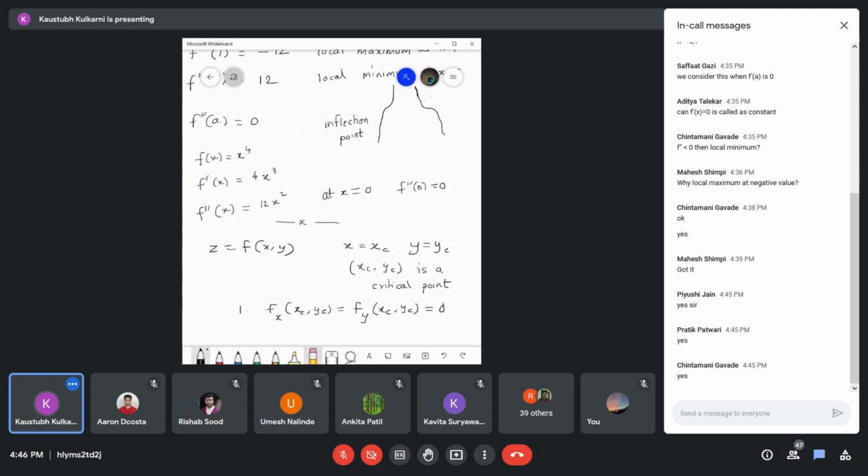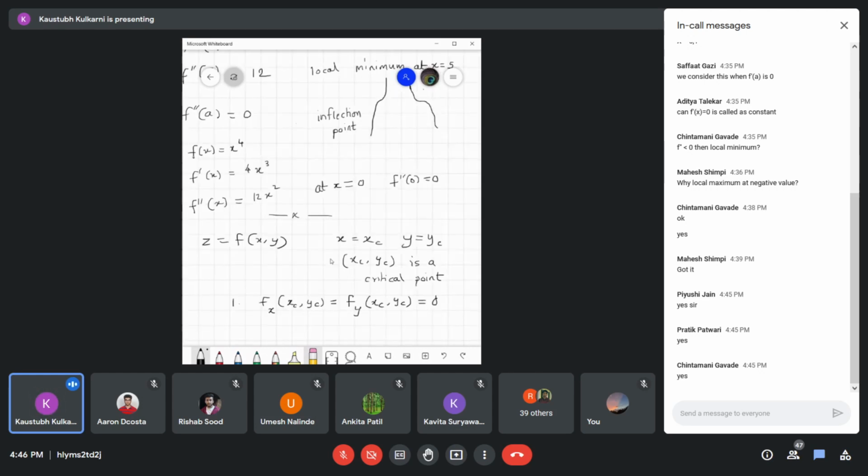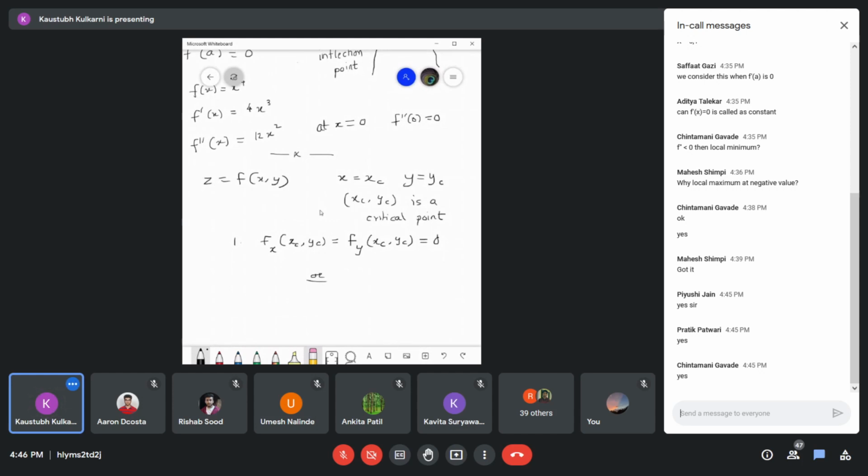Both cannot hold; either this condition holds, or the first partial derivative of f with respect to x at the point xc comma yc does not exist, or fy at xc yc does not exist.